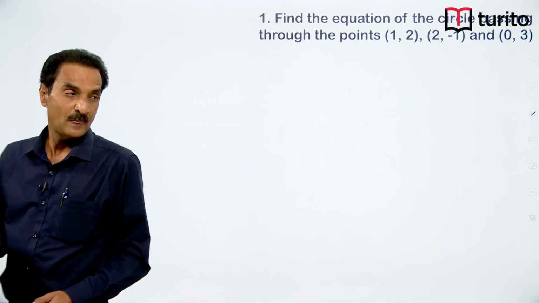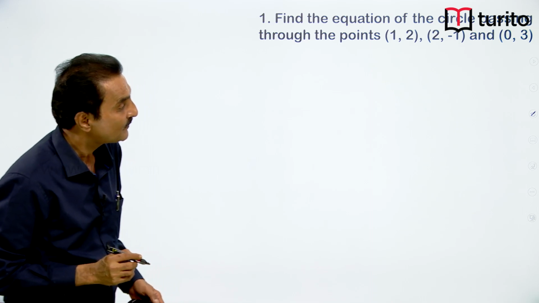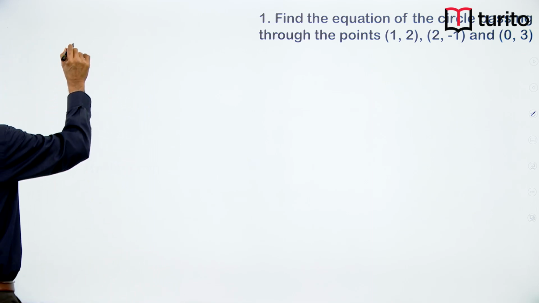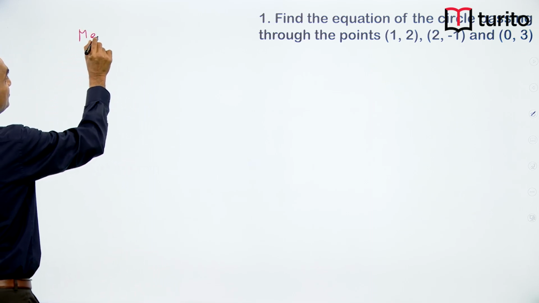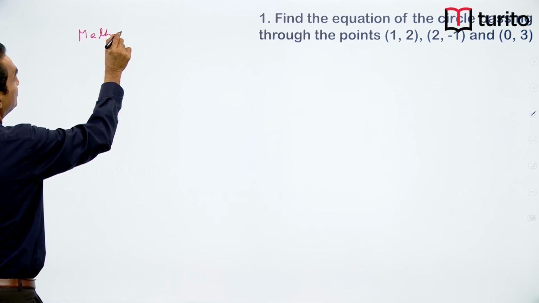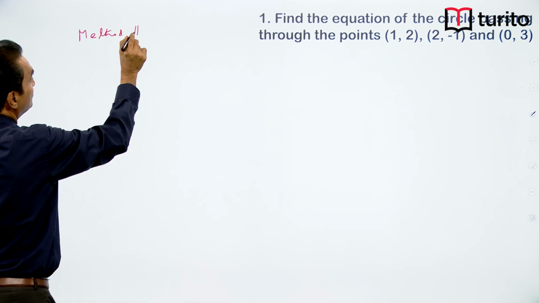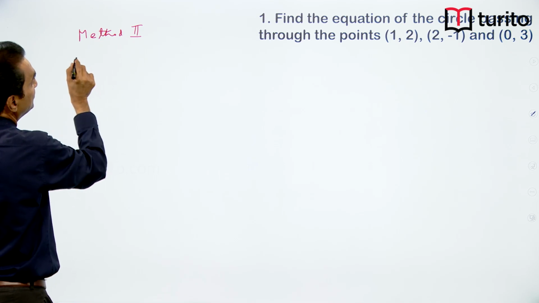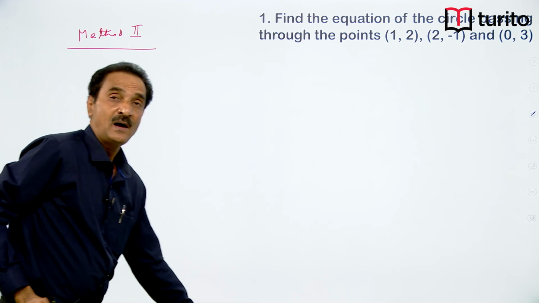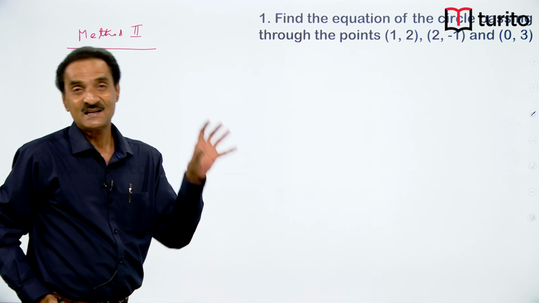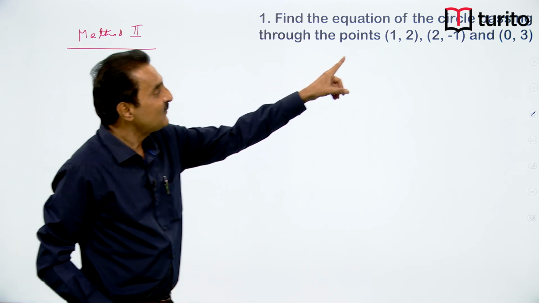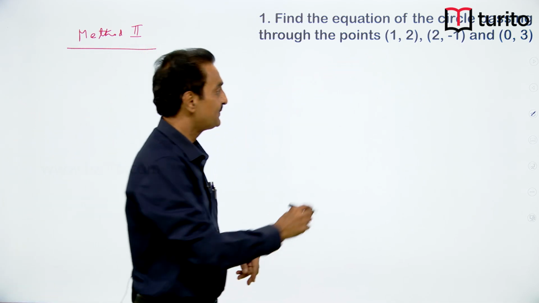In method 2, I am going to find the circumcenter of the triangle formed by these 3 points.